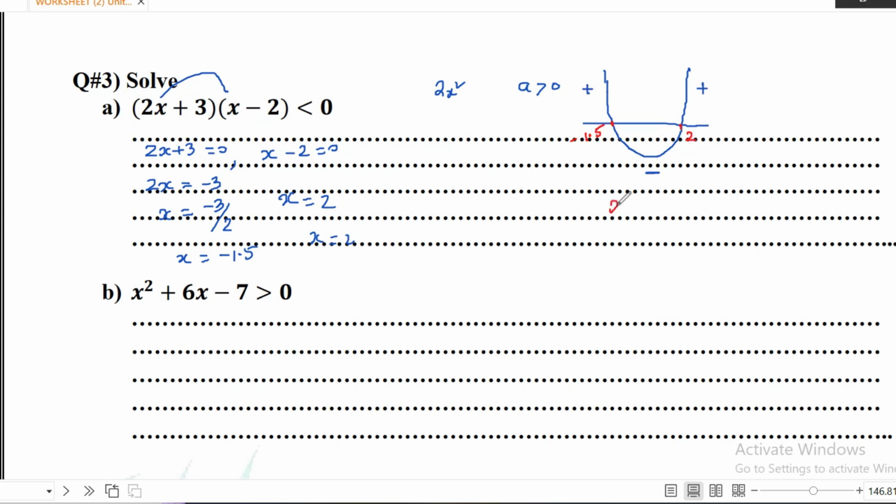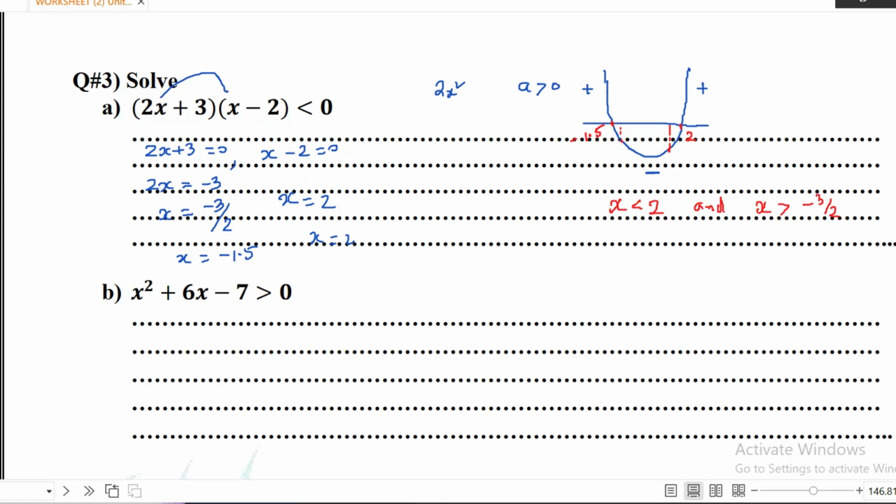It means for x less than 2 and x greater than minus 3 over 2. Because once you move on greater than, it means you are going down. Less than 2, it means we are going down. So we are having a decreasing function. I hope you understand the idea of how to write the answer for these roots or x.